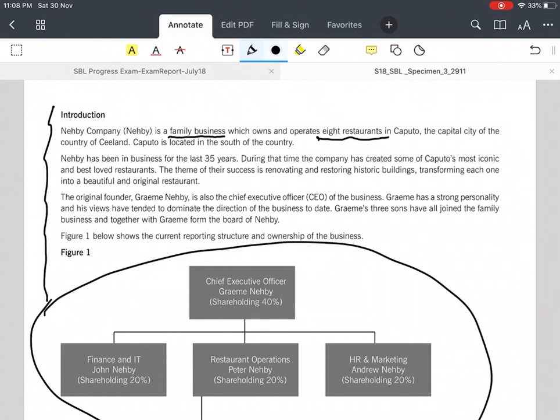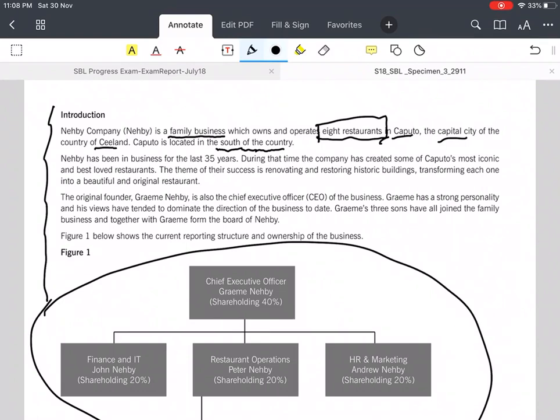It is a family business which owns and operates 8 restaurants in Caputo, the capital city of the country of Sealand, which means it's operating in a single city at the moment, located in the south of the country.